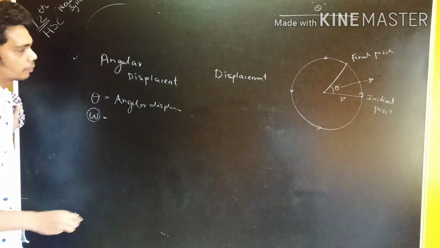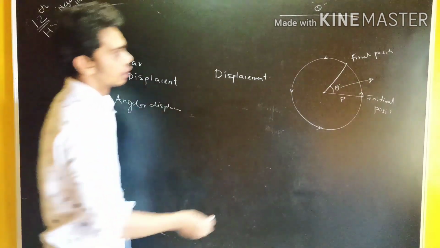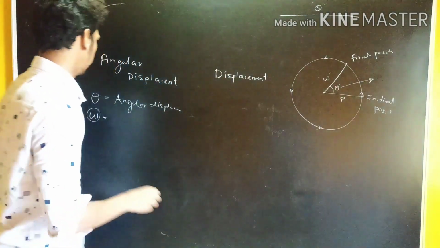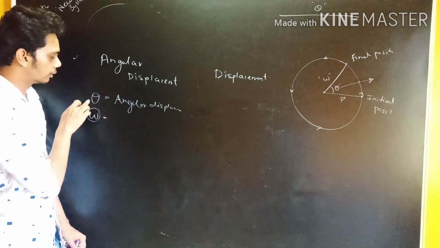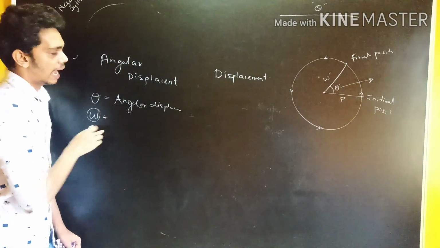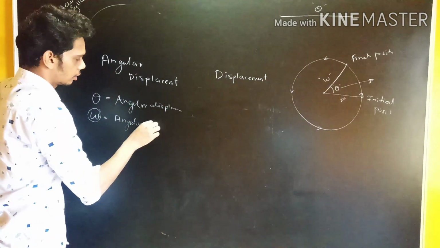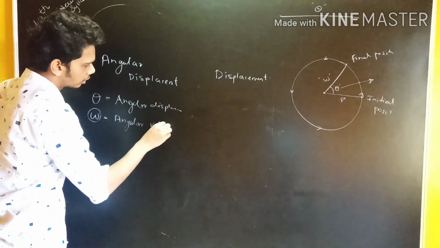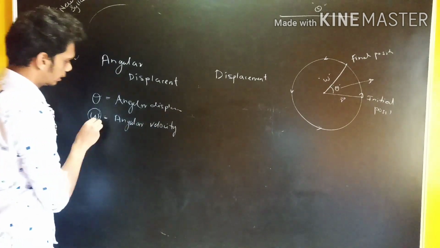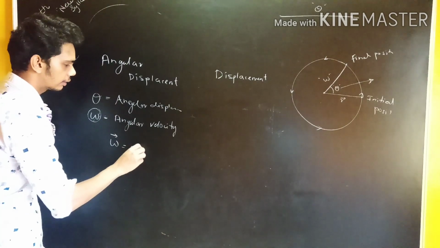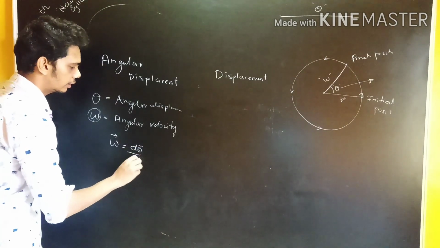Then what is omega? Omega, which I have denoted over here, represents the angular velocity, which is represented by omega as a vector, defined as d theta with respect to dt.